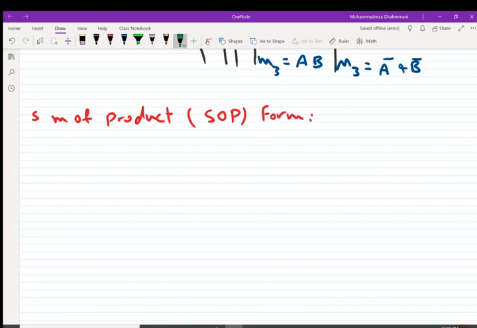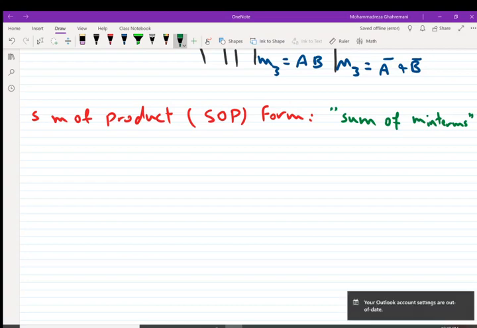Sum of product, don't forget, is in fact a sum of minterms. Okay? So, a function f can be represented by an expression that is a sum of minterms.